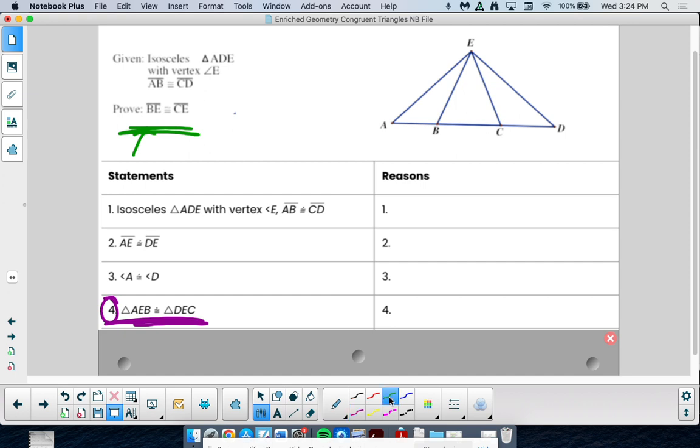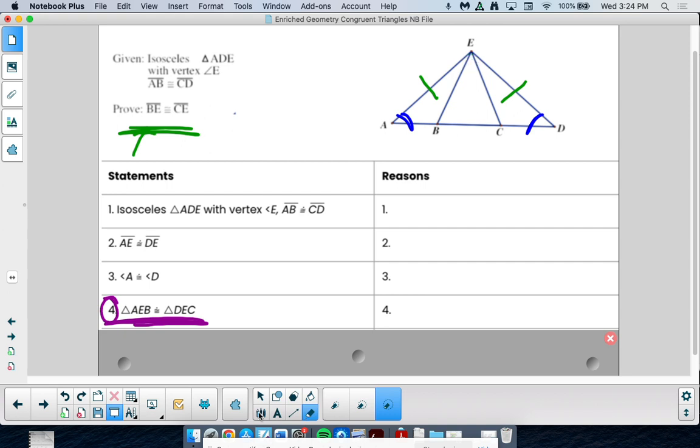So we have an isosceles triangle ADE, so that's the big outside one, with vertex angle E. So if this is my vertex angle, I automatically know that this is a leg, which are equal, this is a base angle, and this is a base angle. So I know all of that information simply by just being an isosceles triangle.